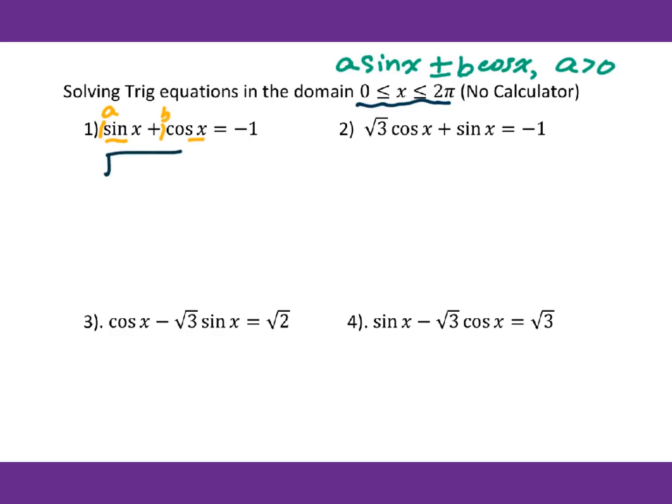Therefore, the square root of a squared plus b squared, that's 1 squared plus 1 squared, equals square root of 2. Your first step. Second step is every term for this equation you divide by square root of 2.